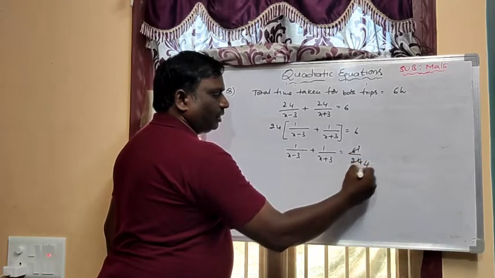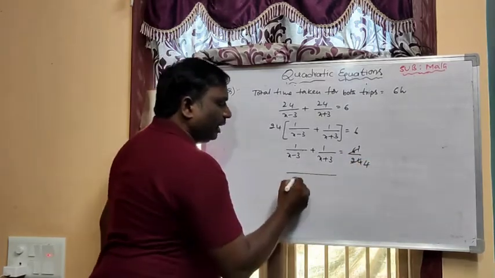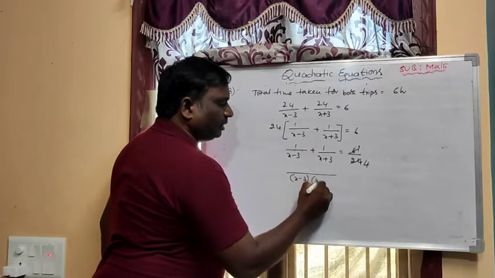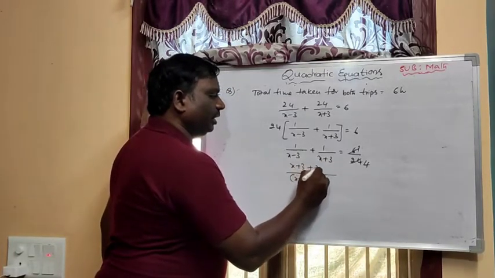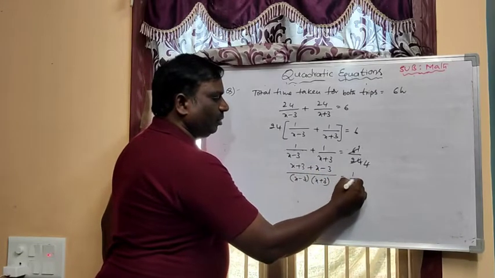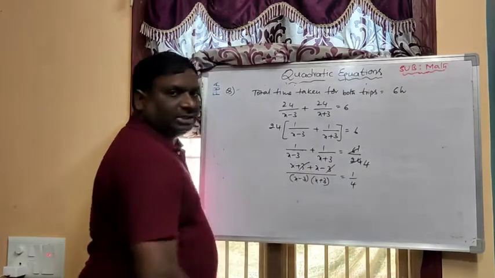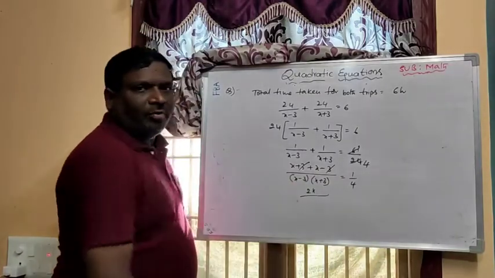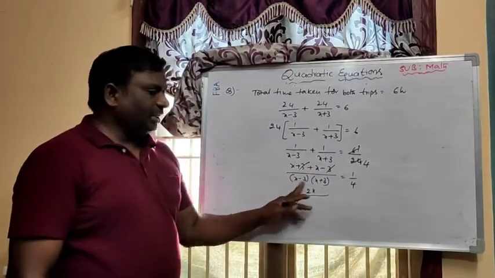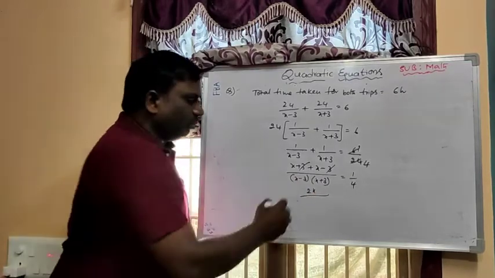Take the LCM here, x minus 3 into x plus 3. Cross multiply: x plus 3 plus x minus 3 equal to 1 by 4. Plus 3 minus 3 gets cancelled. x plus x is 2x, over x plus 3 into x minus 3, which is in the form of the identity a plus b into a minus b, that is a square minus b square.